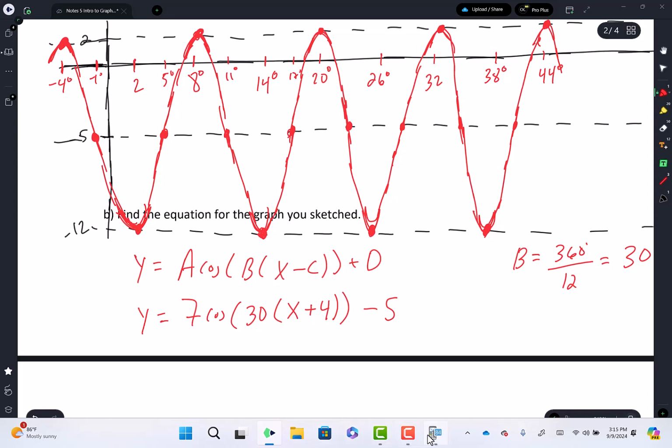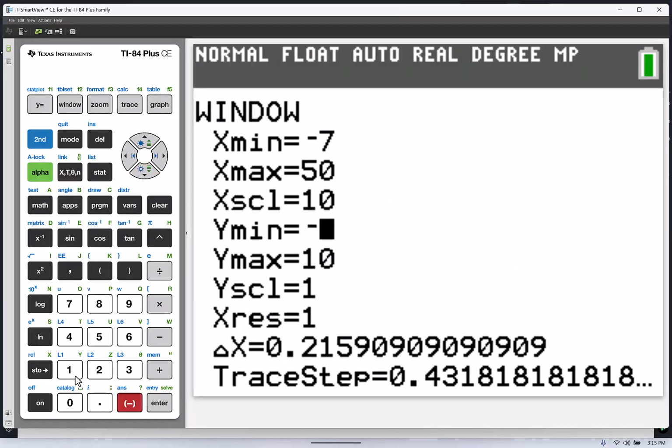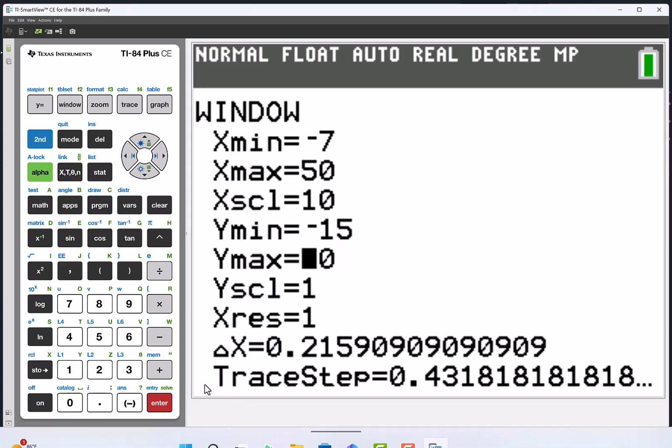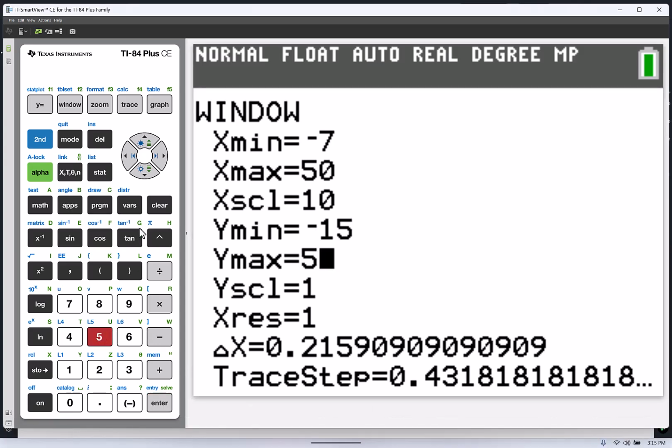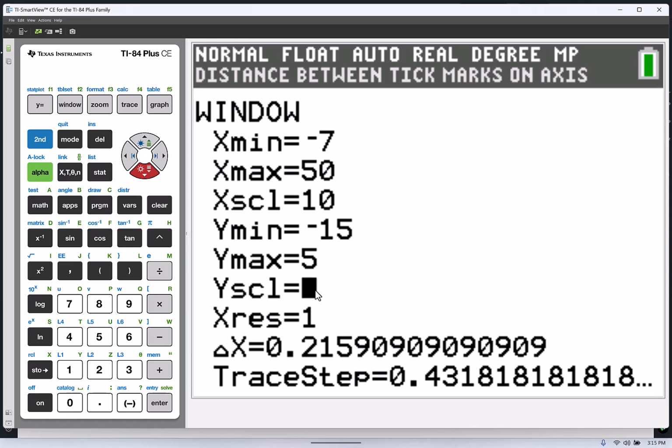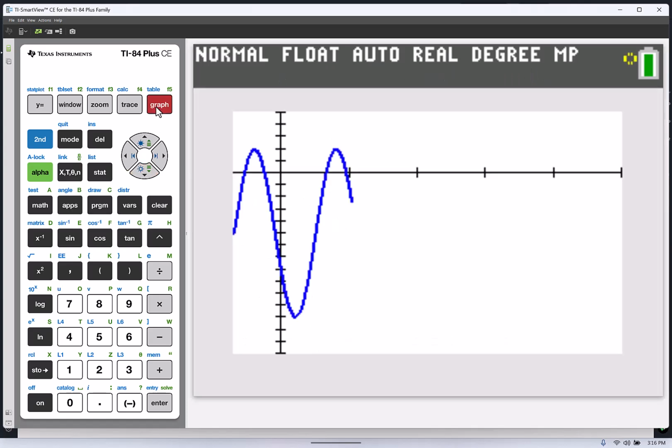So I'm going to go to -15. y max, the biggest value is 2, so I'm going to make it like 5. y scale by 1, that's fine. So here's how mine looks. You don't have to worry about the resolution or delta x or trace step. That's fine. And now check it out. I push graph and look what happens.